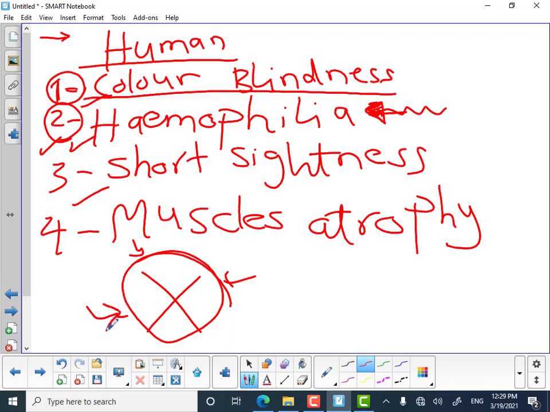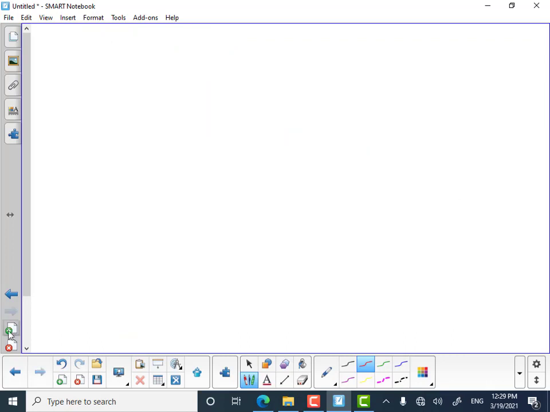And now we will take an example about the transfer of these diseases from one generation to another. First, if the mother is pure healthy and married to a man who is infected by color blindness, okay, this father cannot differentiate between the red and green color. It is called color blindness.